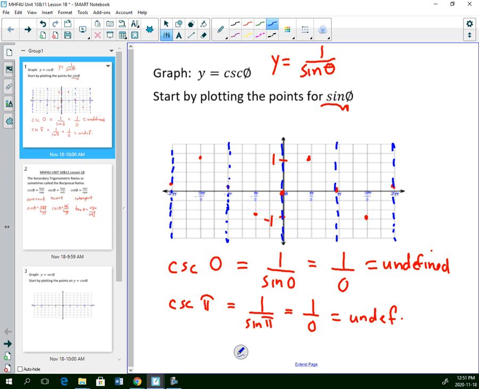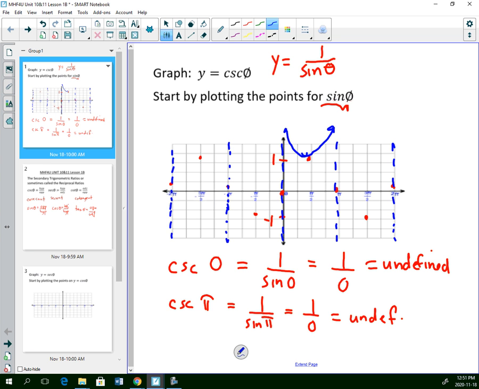So that's the first thing I'm going to draw in. I'm going to look at all the points where sine was 0, and I'm going to draw in my vertical asymptotes. Okay? The next thing I'm going to do is look at the max and min. So think of these as we're doing the inverse, right? So if it is a max, normally between 0 and pi, this will become a minimum value.